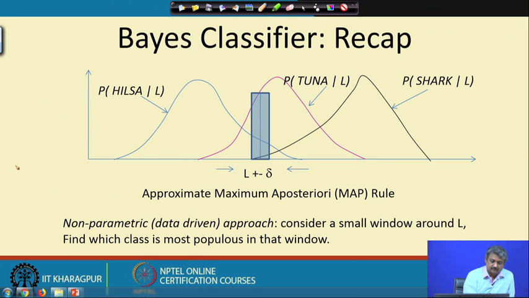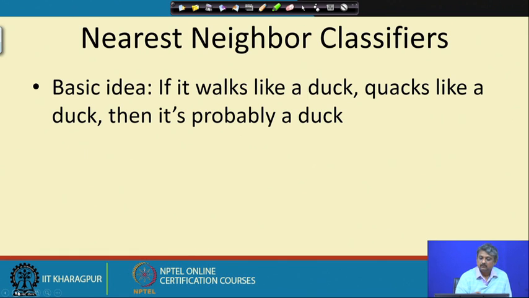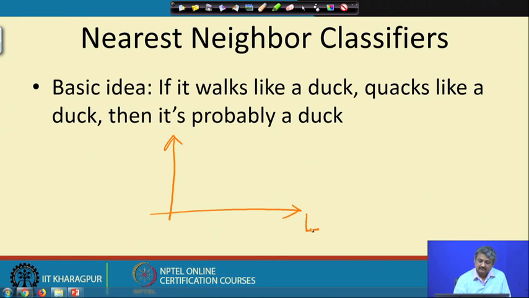Suppose I have two attributes, a length of the fish and weight of the fish. So, every fish is a point in this two dimensional space.